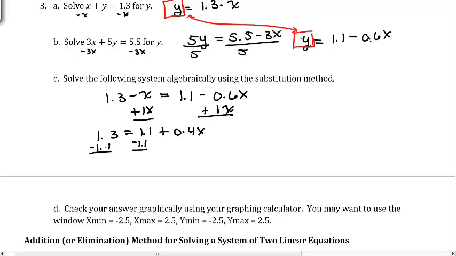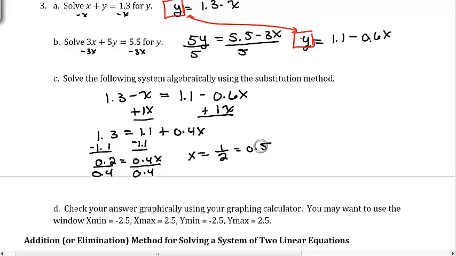And 1.3 - 1.1 is 0.2. So that gives us 0.2 = 0.4x. And then divide by 0.4 on both sides. And so that will give us x = 1/2, or 0.5 if you'd rather have it that way.